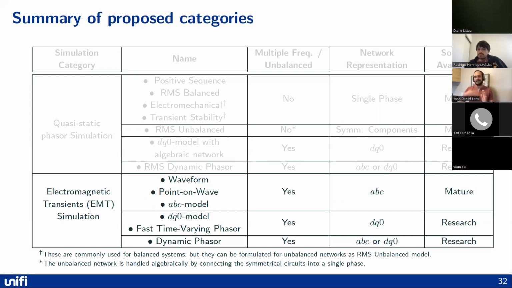But again, the critical thing that we want to achieve is that in the case of balanced systems, there's enough evidence that if you're analyzing the controls and designing and studying systems in balanced conditions, the DQ0 model, including all the dynamics of the network, again, in the cases where the dynamic model of the network matches between a full waveform and DQ0, the results are one-to-one.